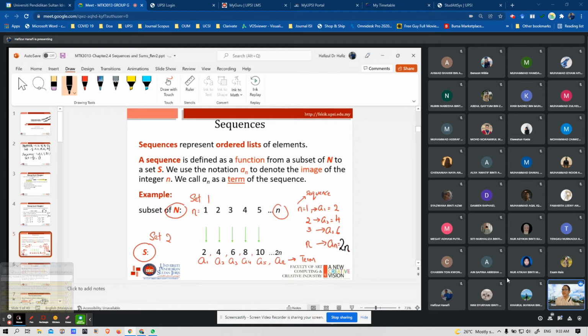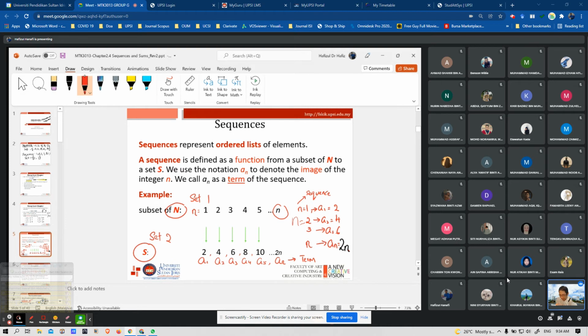We have n=1 mapped to a1 equal to 2, and then n=2 gives a2 equal to 4, until an is equal to 2n, multiplied by 2.